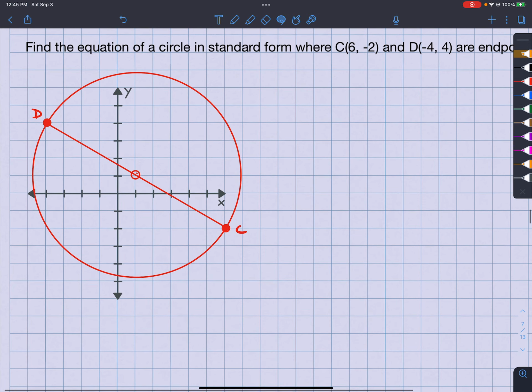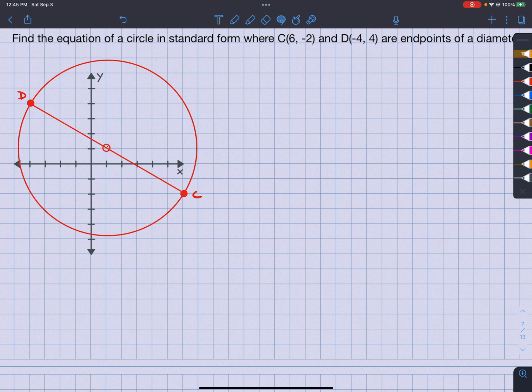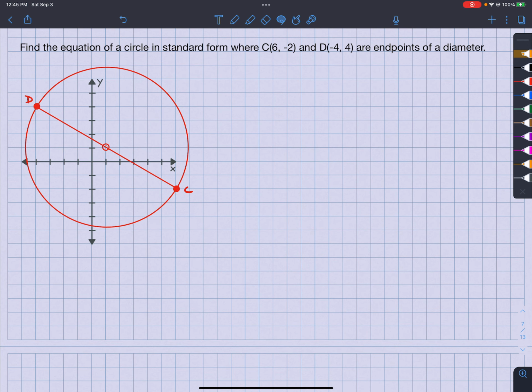So to find the center of 2 points, we could do what? We could find the midpoint, right? So to find that center, we will use midpoint.